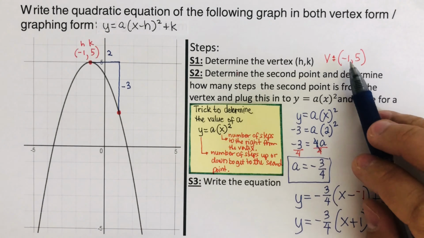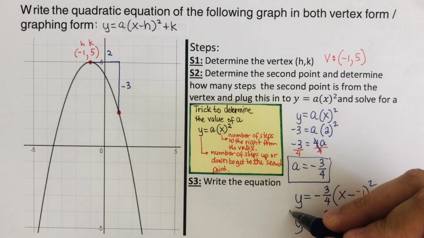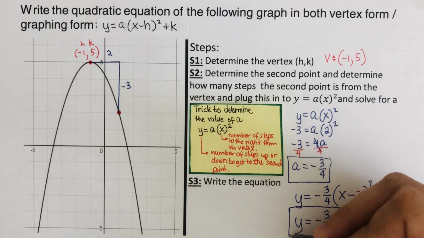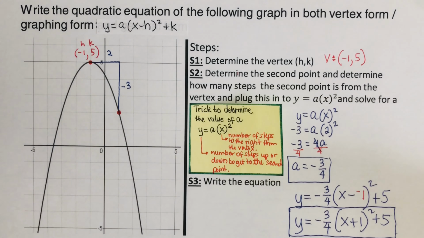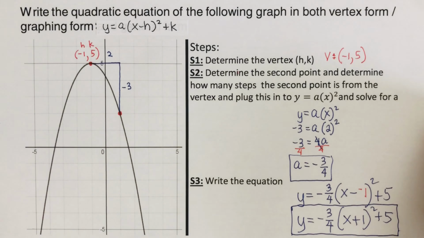Another trick is just switch the sign of this and just write it out here. It says in the problem that we only need to solve for the graphing form. So did you get the same answer as this? Good, perfect. And we will have the last example here.